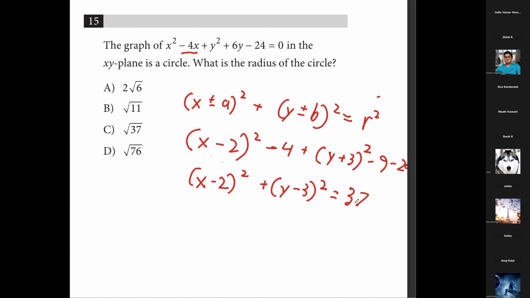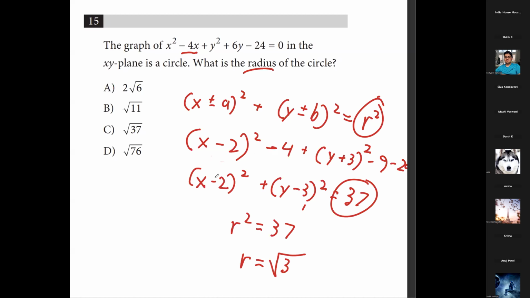And then, so 37 is equal to r squared. So r squared equals 37 based on this formula. So we need to find the radius. So not radius squared, but just radius. So this would just be radius equals the square root of 37, which is answer C.